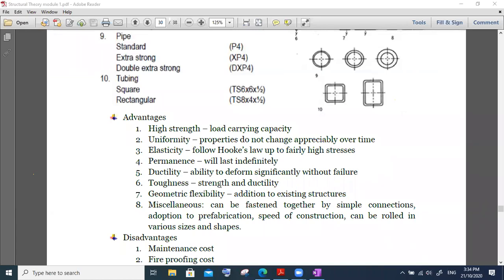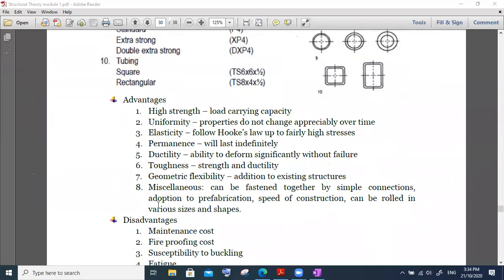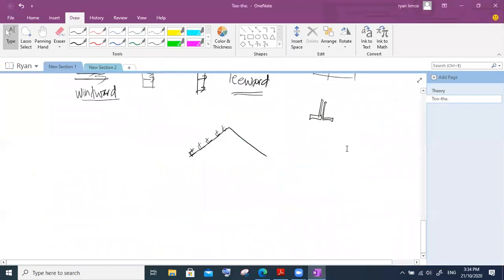Permanence: it will last indefinitely. Ductility: the ability to deform significantly without failure. Toughness: the combination of strength and ductility. Geometric flexibility: addition to an existing structure. If you already have an existing structure and will build an extension, it's better to use steel.